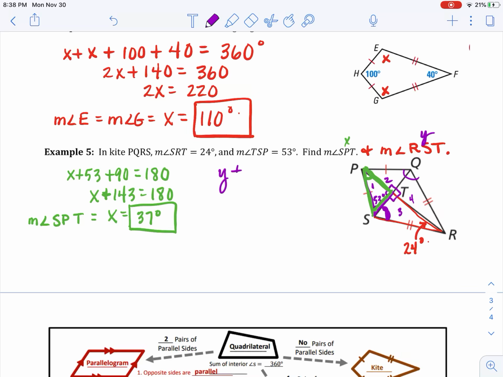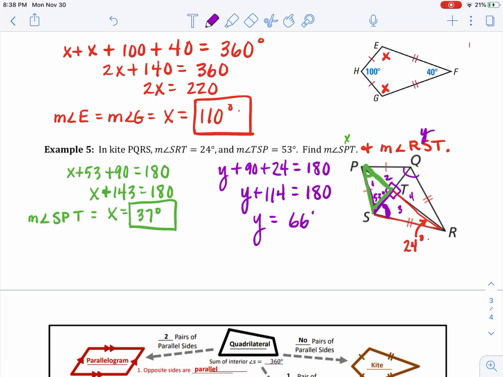And so Y plus the 90 plus the 24 will make 180 degrees. So Y plus 114 equals 180. If we subtract the 114 from both sides, we get 66 degrees. All right, so that's just kind of tying in an old concept, that triangles add to 180, into a kite.